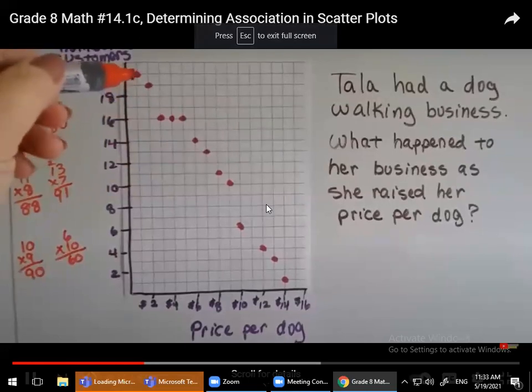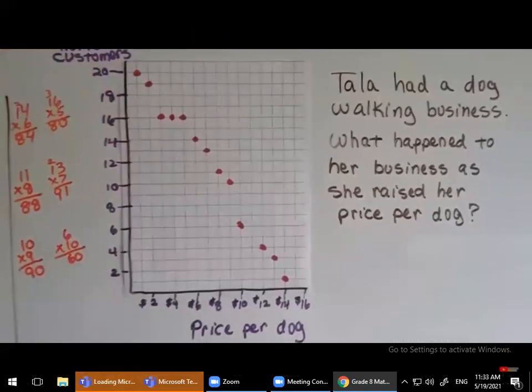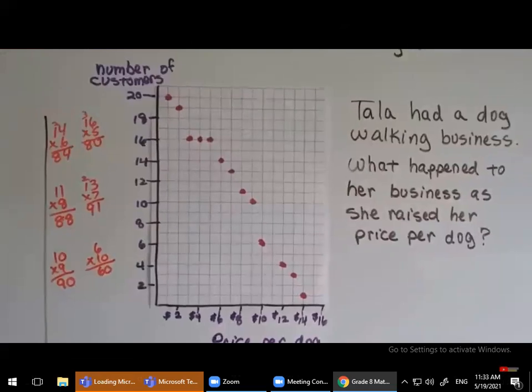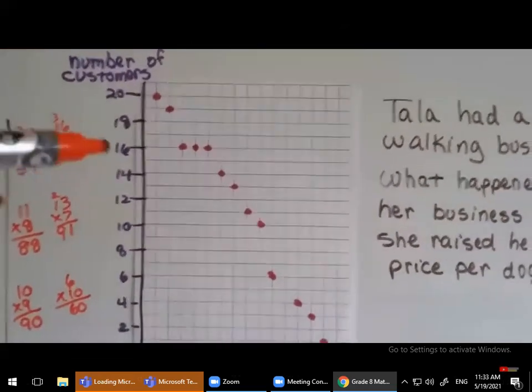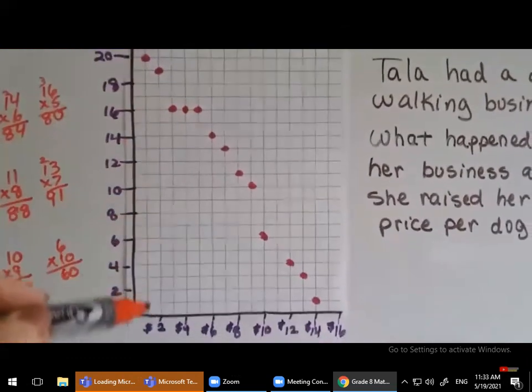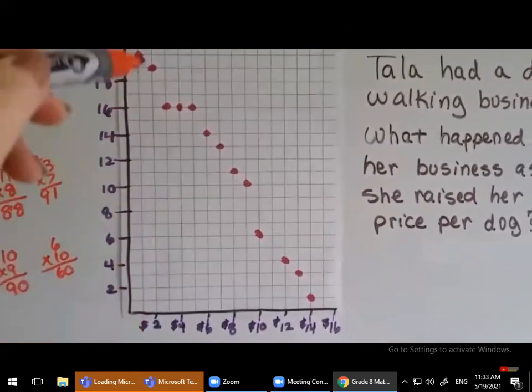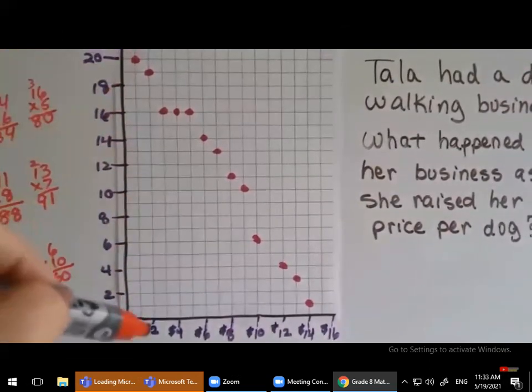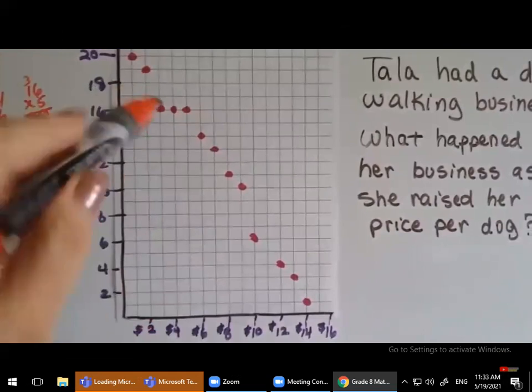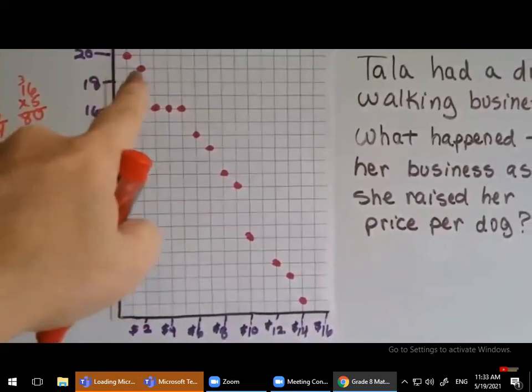$1 for walking dogs. You see that? So what happened as she increased her prices? Let's look at the number of customers she had. She had 20 customers and she was charging $1 per dog to walk. Then she raised her price to $2 per dog, and she lost a customer. She went down to 19 customers.